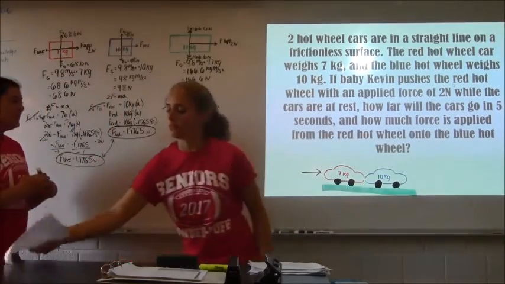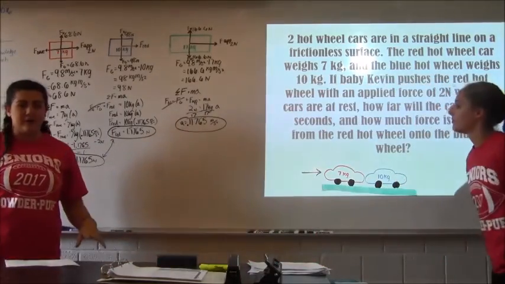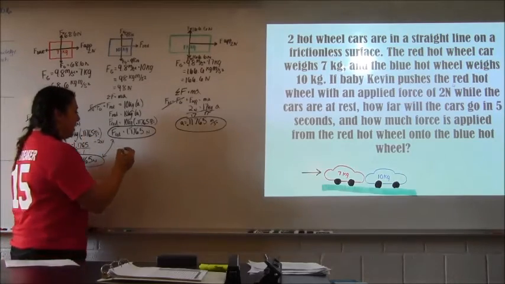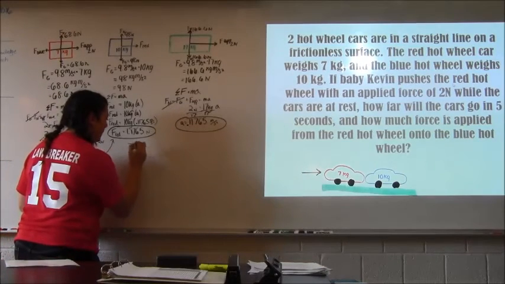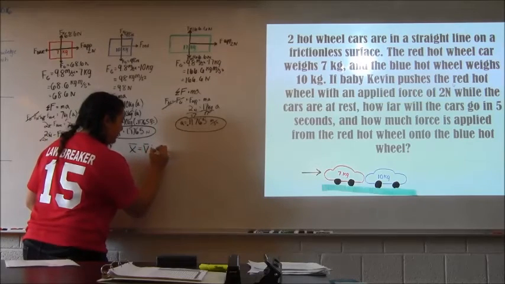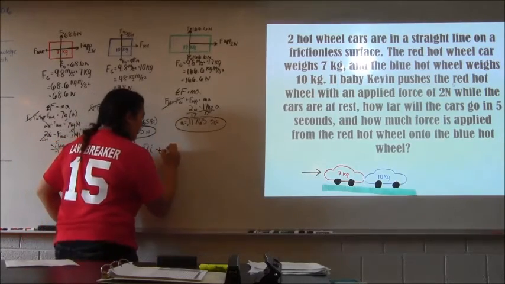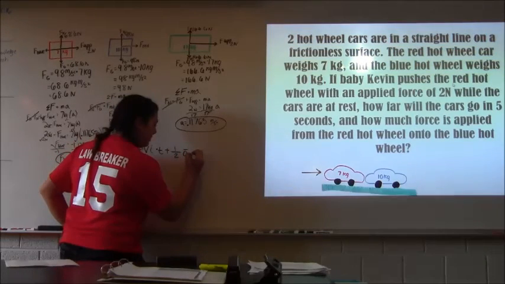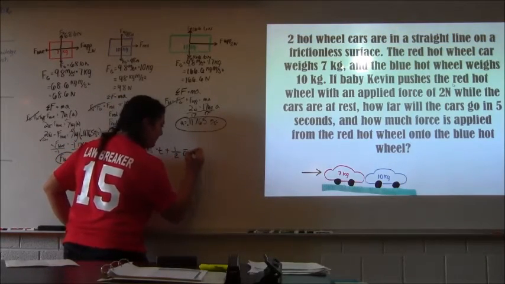Okay, so when we have to find how far it goes, we have to go back to our old displacement equation. Our displacement equation is displacement equals the initial velocity times time plus 1/2 times the acceleration times time squared.